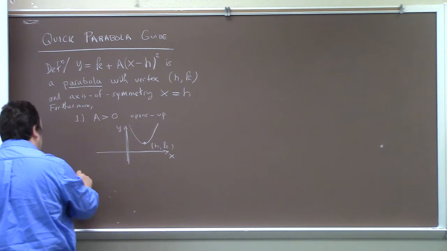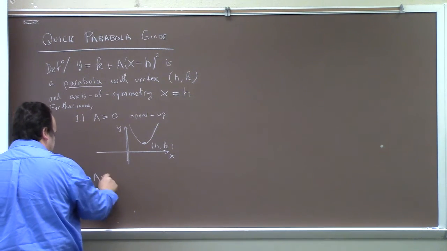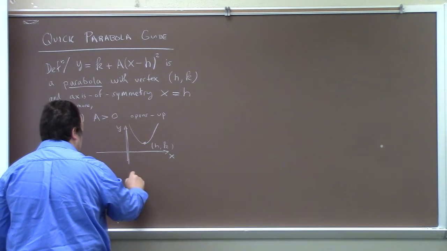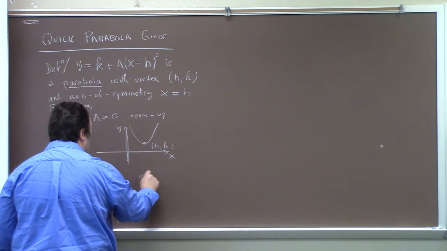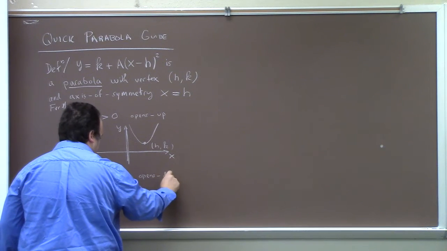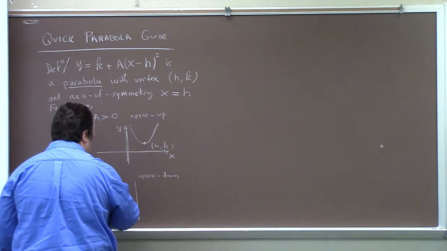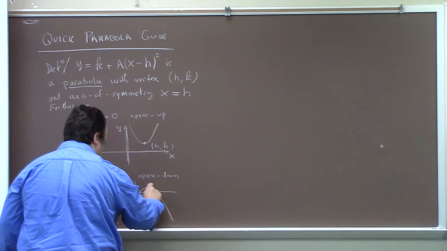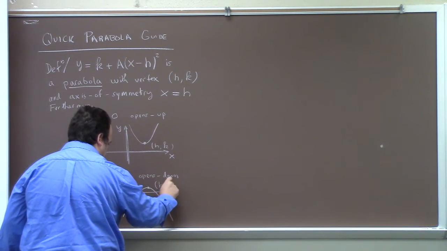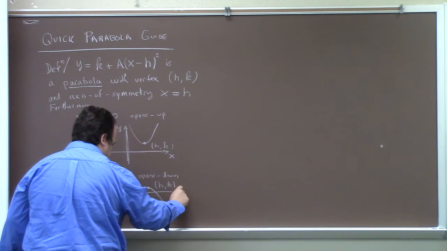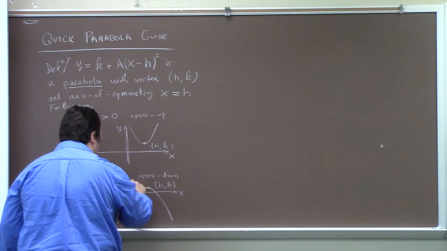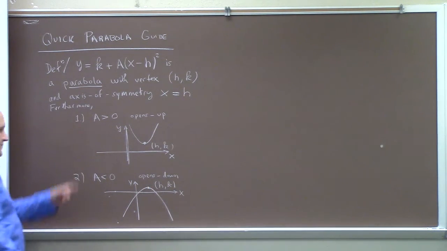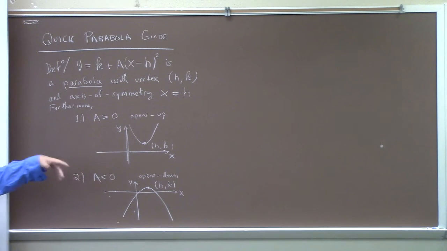And then case 2, if a is less than 0, then it opens down. These provide us our principal examples of a function whose graph has a local minimum and a local maximum.